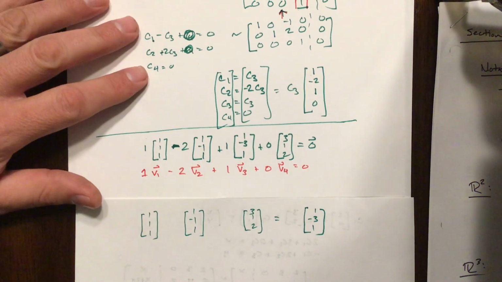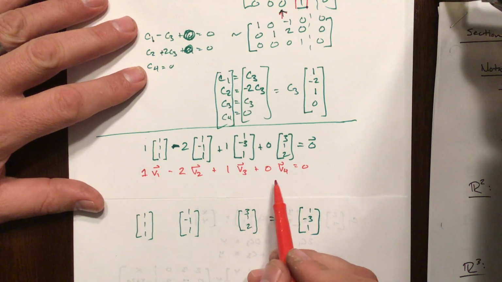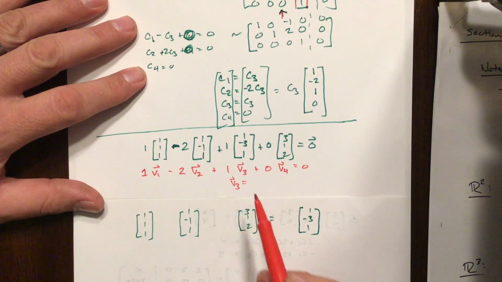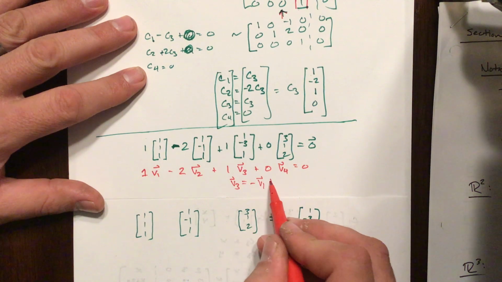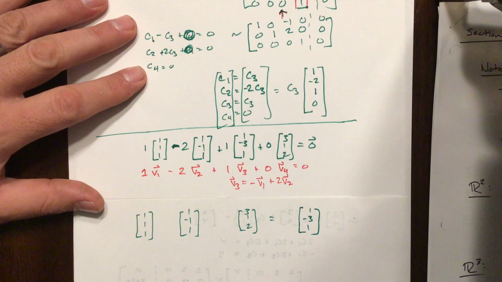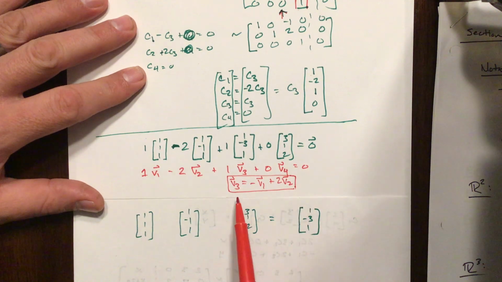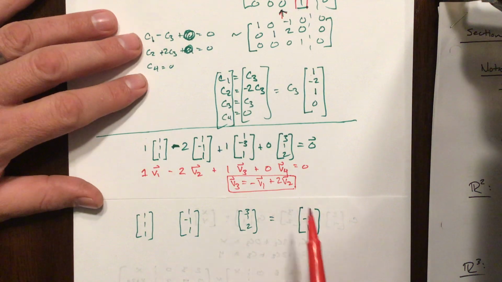So if we tack on to that, we can get rid of this, that's 0. We can say that V3 is equal to minus V1 plus 2 V2. There you go. So we know now that V3 is a linear combination of the vectors V1 and V2.